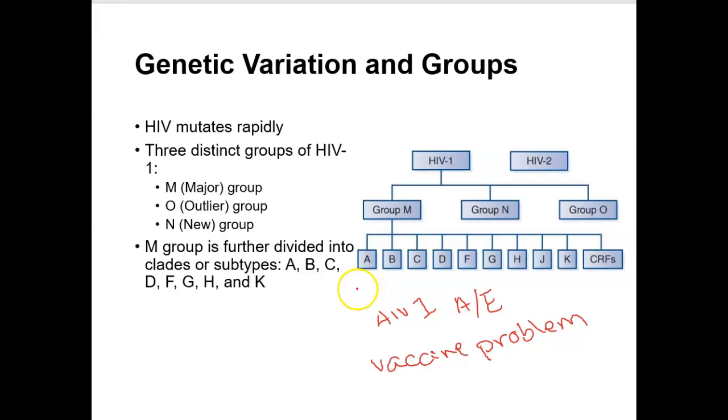So in theory, maybe one day we might have a North American vaccine, a Central European vaccine, a Southern Africa vaccine, and an East Asian vaccine, and so forth. Ultimately, if we are able to develop a vaccine, that might be the direction that we need to go.